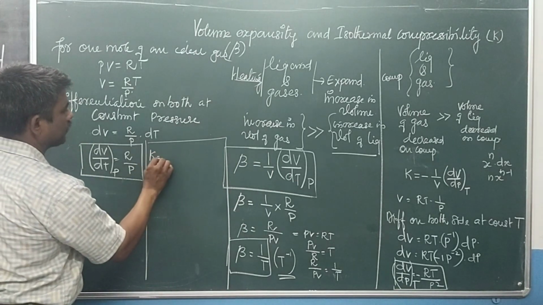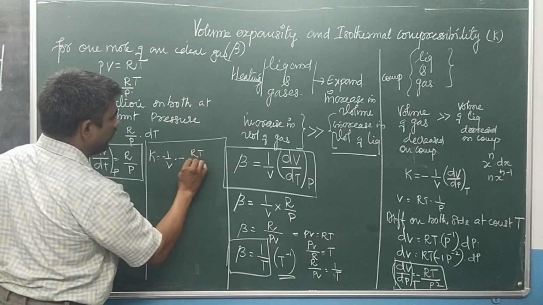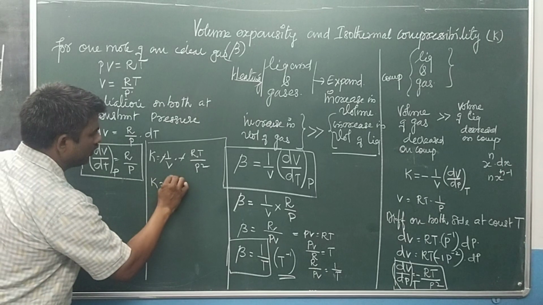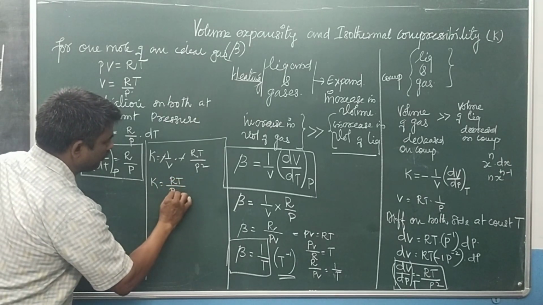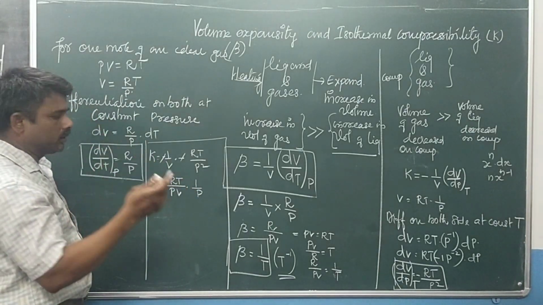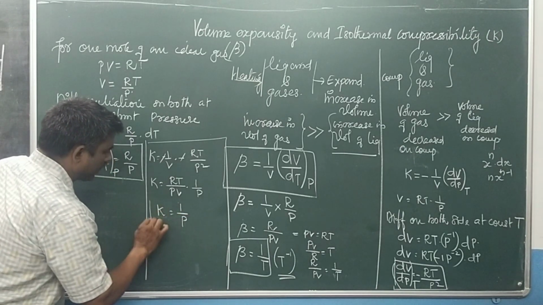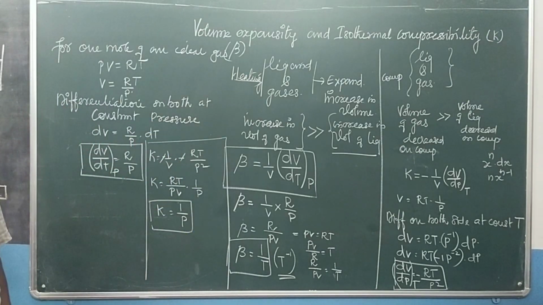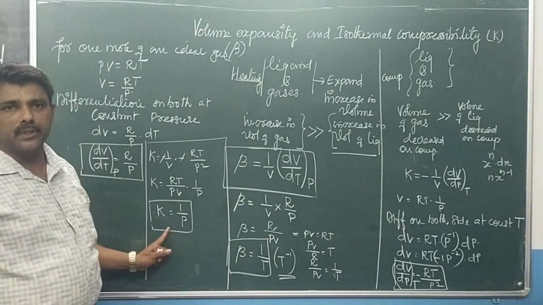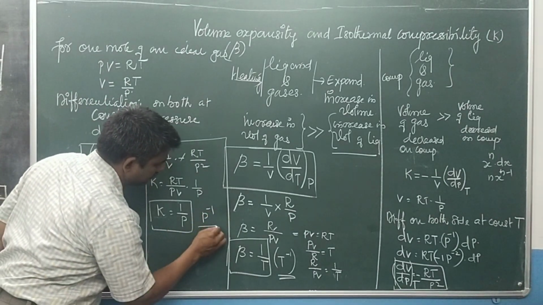Kappa K is equal to minus 1 by V into minus RT by P square. Minus gets cancelled. So K is equal to RT divided by PV into 1 by P. RT by PV is equal to 1. Hence K is equal to 1 by P for an ideal gas. Isothermal compressibility is nothing but 1 by P. The dimension for isothermal compressibility is P power minus 1.